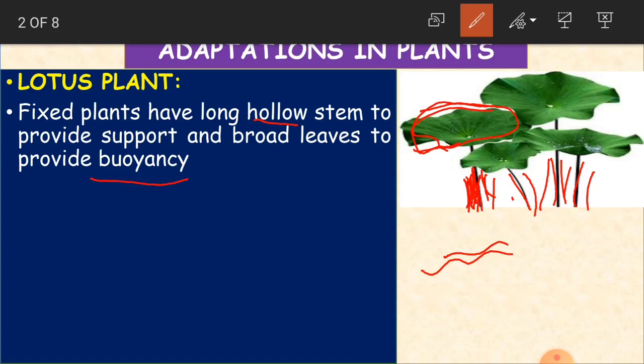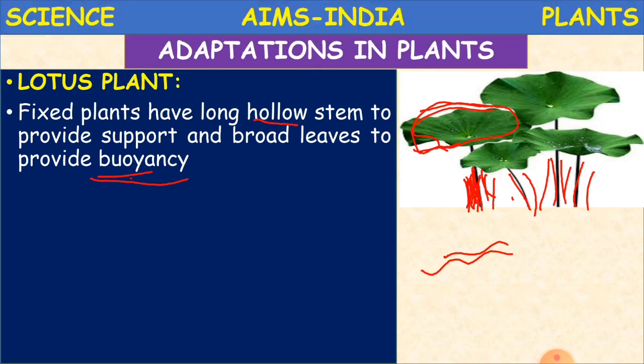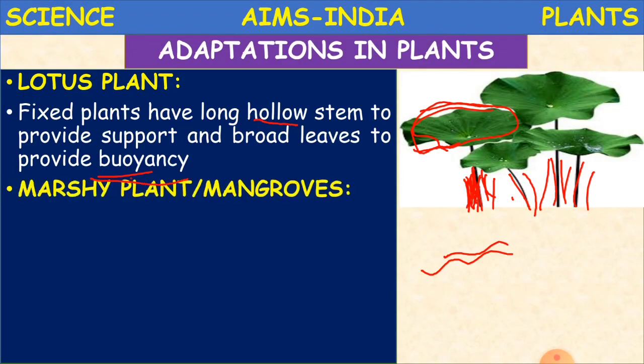So this is how this plant is adapted to live in water. Okay children, clear? Buoyancy is the force which makes an object float. When something is light, it comes above the water, on the surface. If something is heavy, then it goes inside the water. So that is buoyancy.